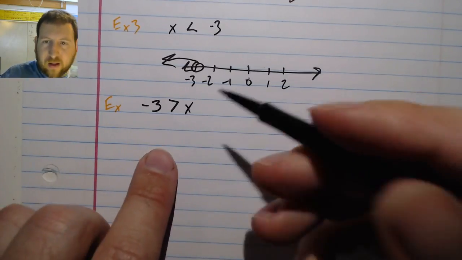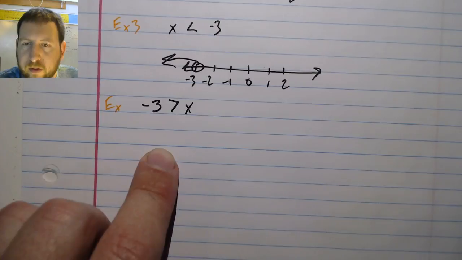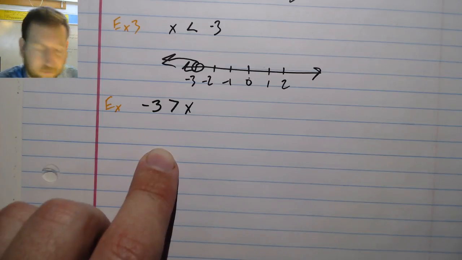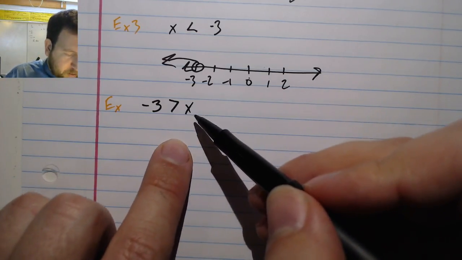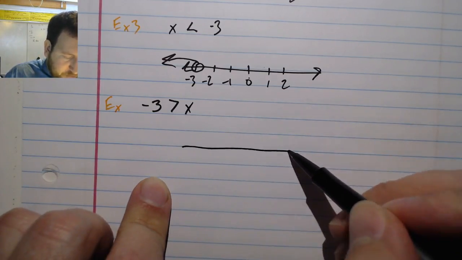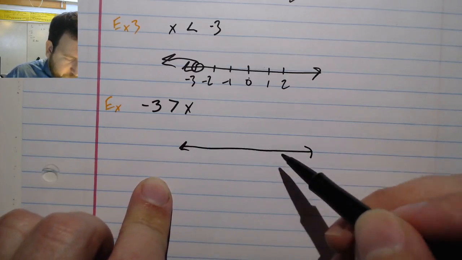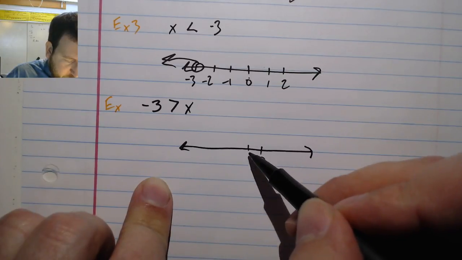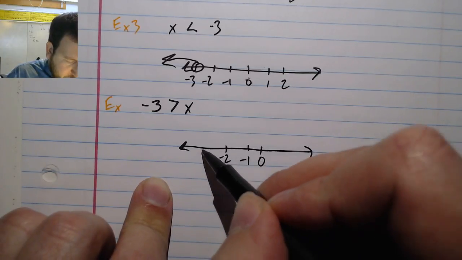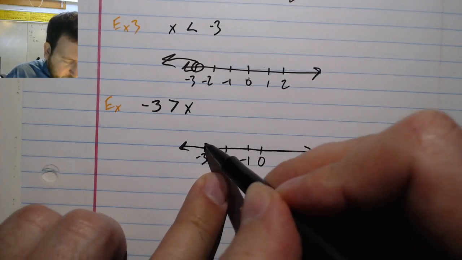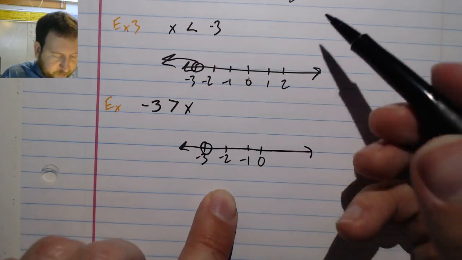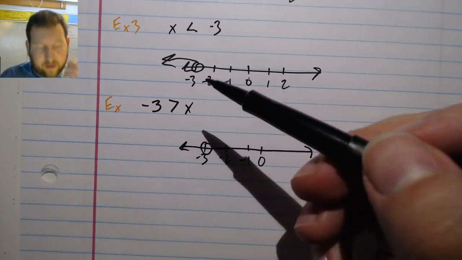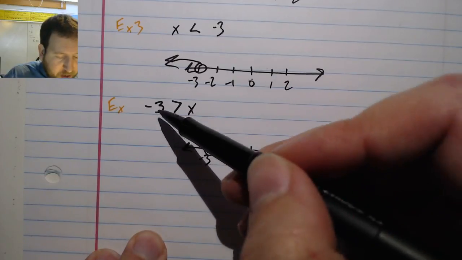Actually, let me check. I think I might be showing you wrong. But in this case, if I was going to graph this out, my 0, my negative 1, my negative 2, my negative 3, definitely be a circle. And my x here, I can write this going either direction.